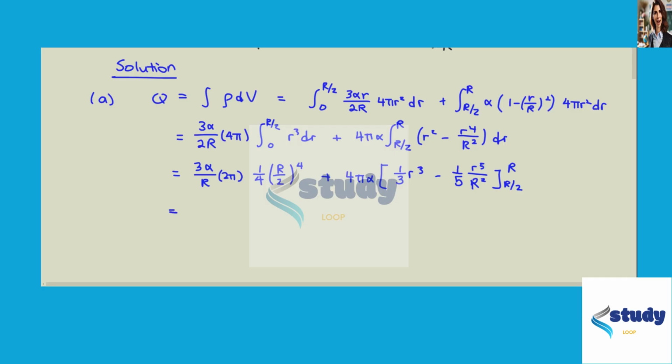Then you can simplify the terms in front, so you get 3 alpha pi divided by 32 big R cubed, plus 4 pi alpha times 1/3 (R cubed minus R over 2 cubed), minus 4 pi alpha divided by 5 R squared times (R to the 5 minus R to the 5 divided by 2 to the 5).